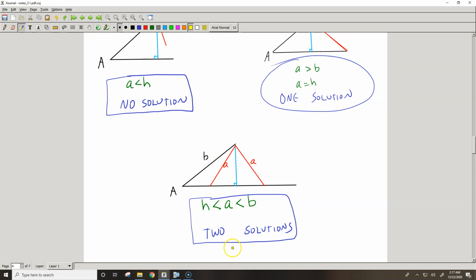So there's a relationship. This could be my angle B here, or this is my angle B here, I'm hoping you can see those two possible triangles. One's going to be acute and one's going to be obtuse. And more specifically, they are going to be supplements of one another. And we'll see that as we go through our example.